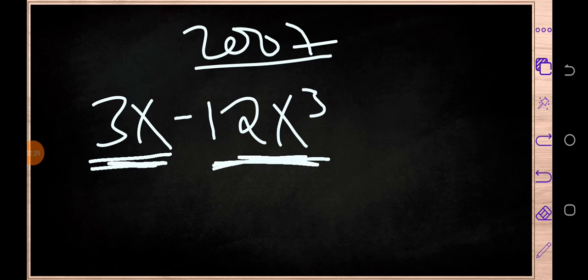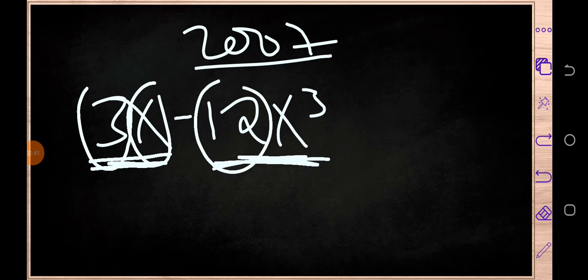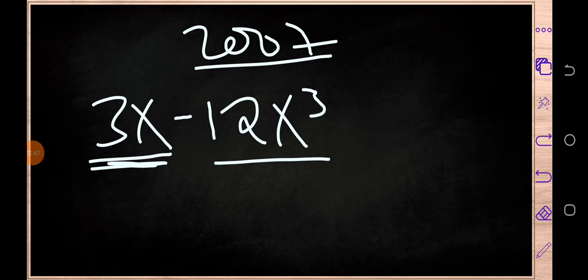The first thing you need to consider is whether this side has got a number and a letter, and also this side. In our case, we have both sides with numbers and letters. As you can see, we have a number here, a letter right over here, then a number here, a letter here.